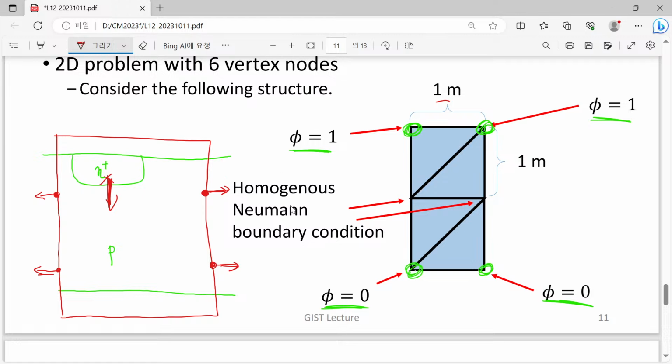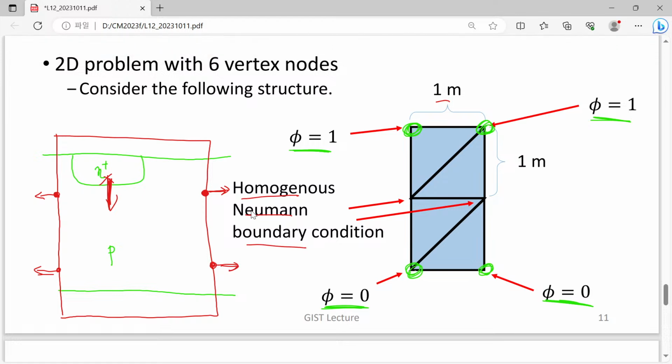Therefore, a homogeneous Neumann boundary condition can be applied when certain kinds of physical quantities do not vary quite rapidly. So you are quite right. This is a quite important condition.